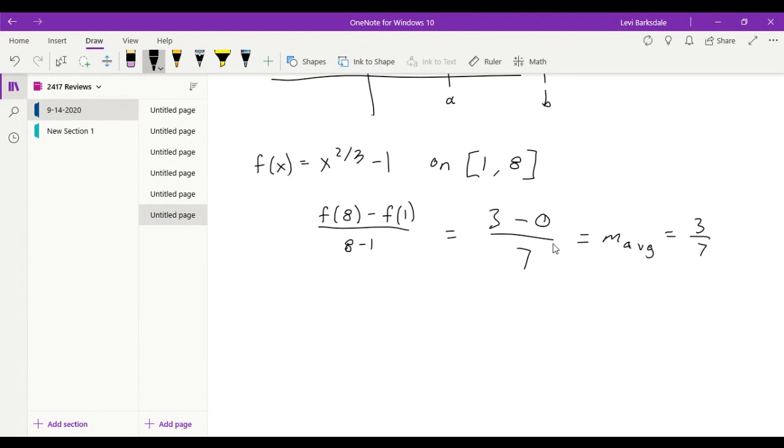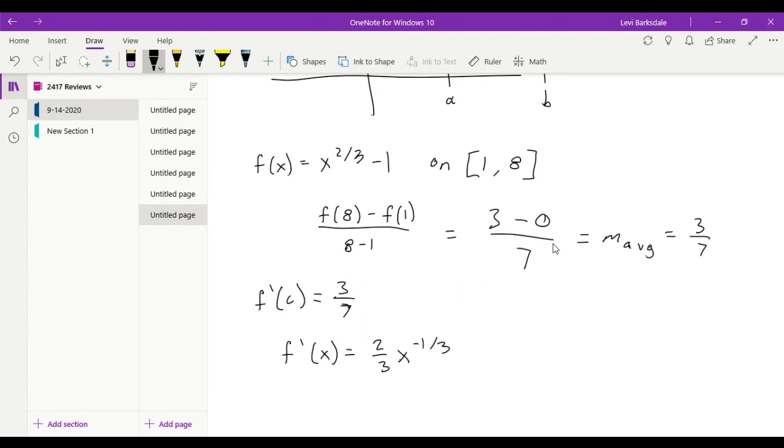And the mean value theorem says that somewhere there's a point c where f prime of c is equal to our average slope, and c should be in this interval from 1 to 8. It's our job to find out what that c is. To do that, we first need to find our derivative. That's 2/3 x to the minus 1/3.